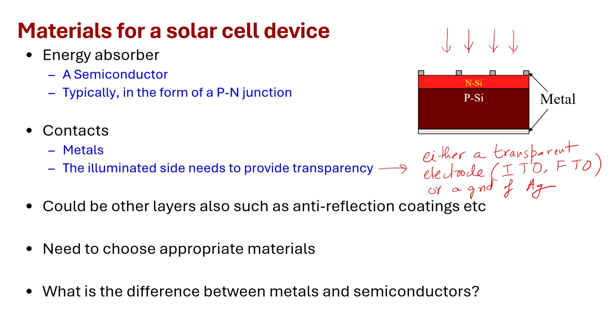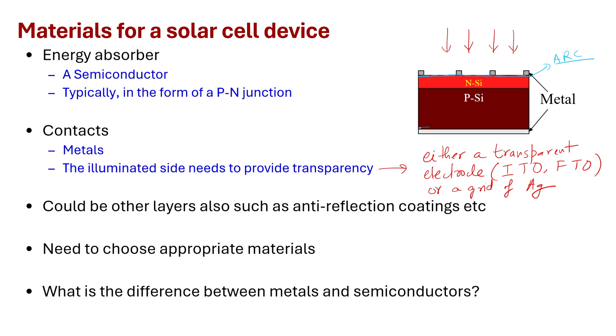In modern devices, there could be presence of other layers which are inserted to provide certain advantages, such as silicon surface is very reflective. As a result, in most devices on top we put an anti-reflection coating. So you will see that on top we also have a thin anti-reflection coating.